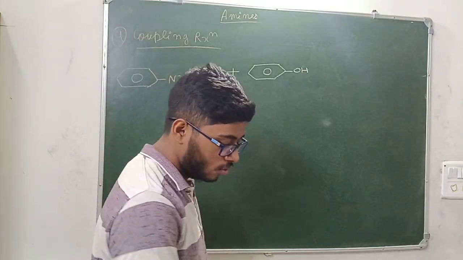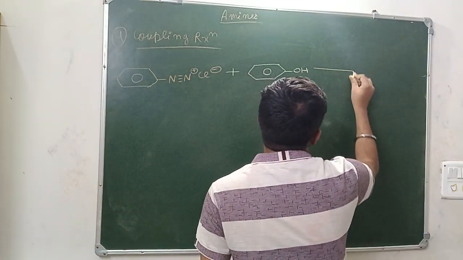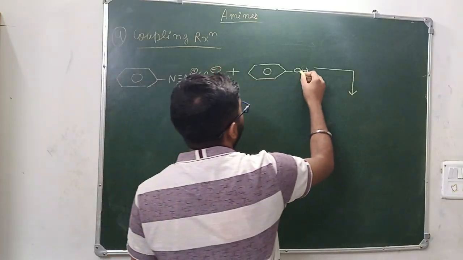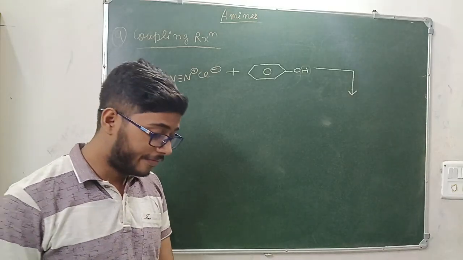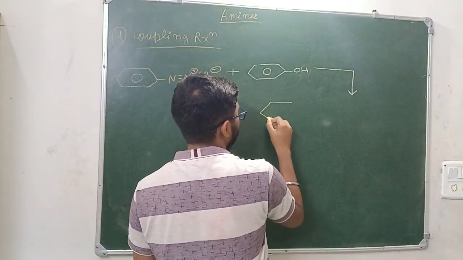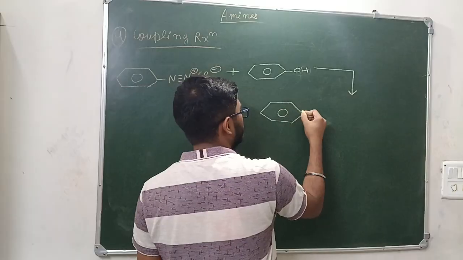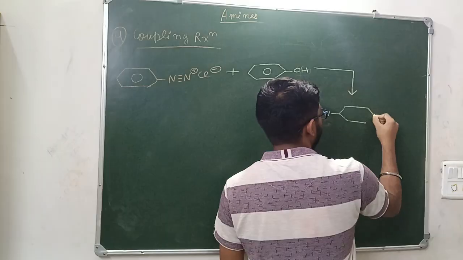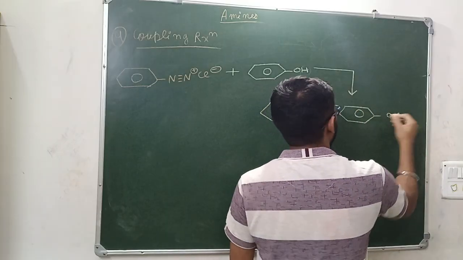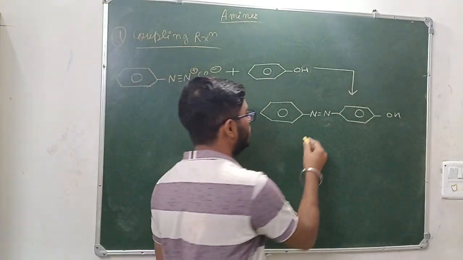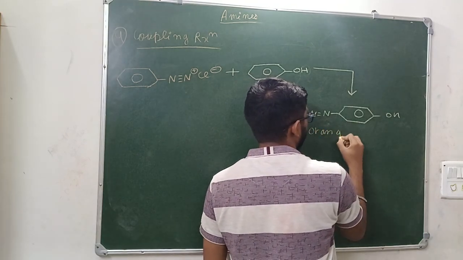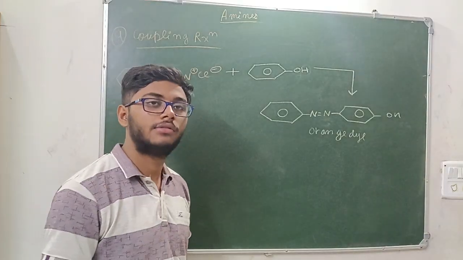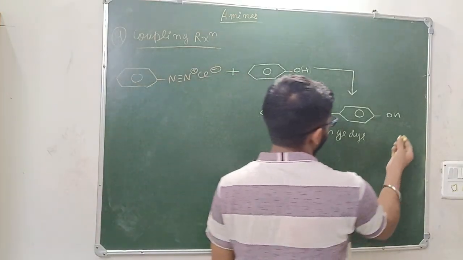This will react, and the acidic hydrogen will be taken off from here. And the final product that is made is like this. This is the final orange dye. Yeah, this is the orange dye made.